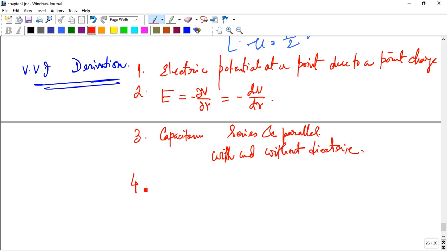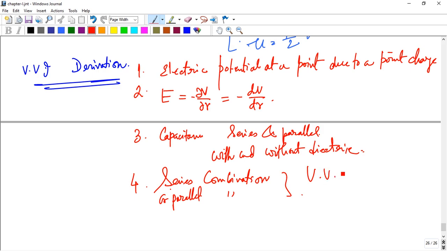Number four: equivalent capacitance for series combination or parallel combination. That's very important for solving numericals also. And number five: U equals half CV square. These five derivations are very important for the board exam.